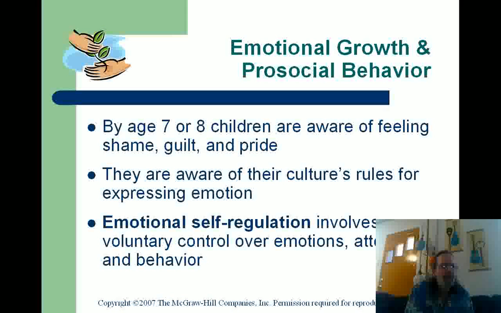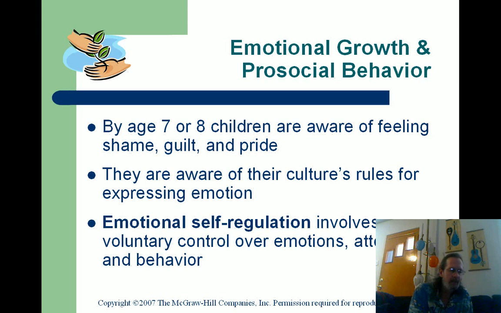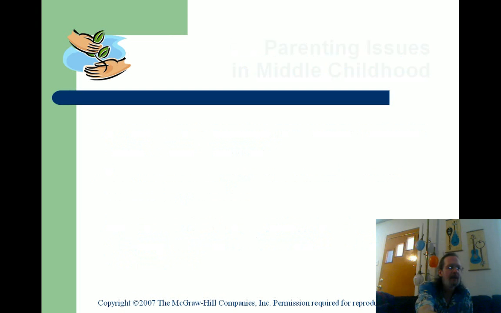And they start to learn emotional self-regulation, which is something I hope we all do, but I haven't noticed that all of us have control, particularly all the time, and I myself am no better than most as far as it goes. But again, hopefully we are learning to do these things better by this time.